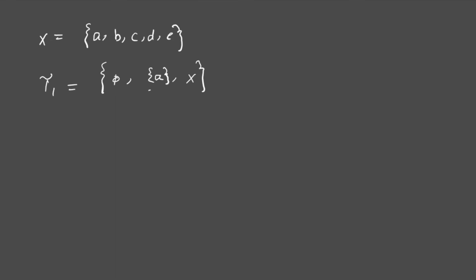If I take the set X, and this set contains the elements A, B, C, D, and E, these are the elements in set X. I am taking tau1 to be a subset of X. Here I am taking only one subset, phi, A, and X. So this is a Sierpinski space.